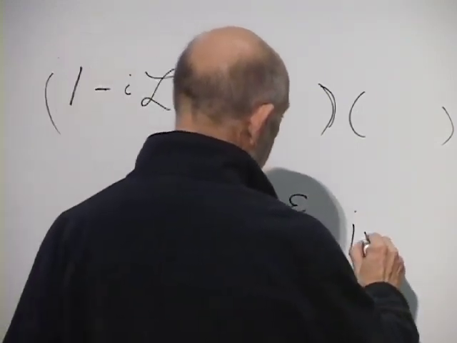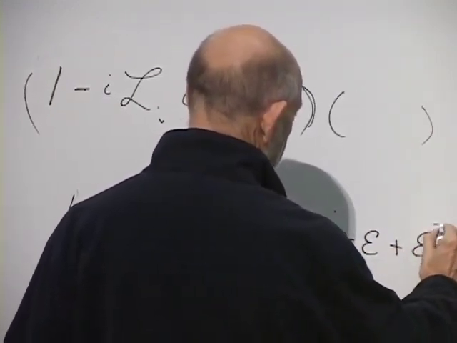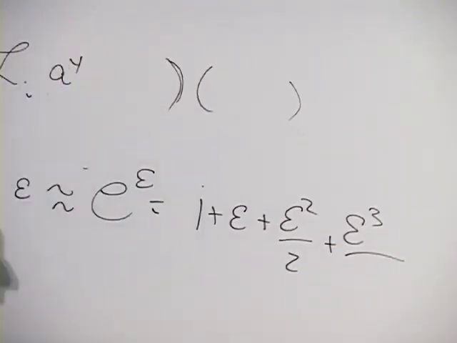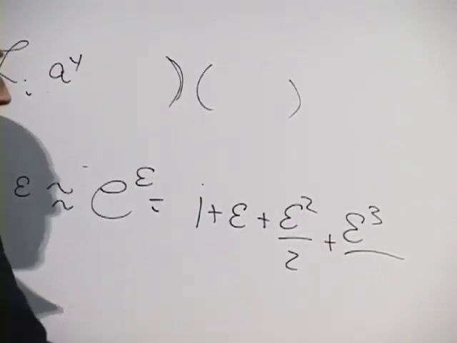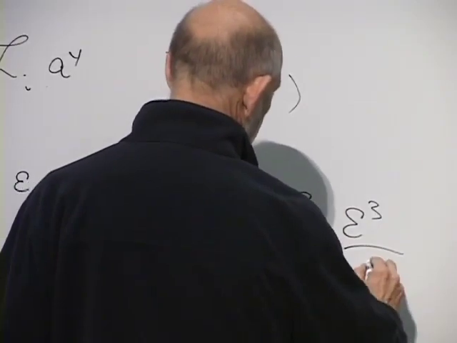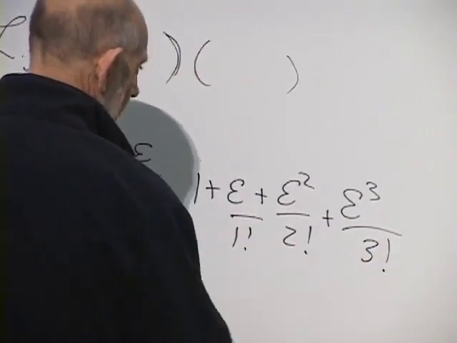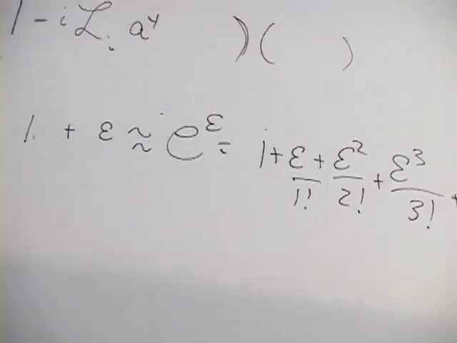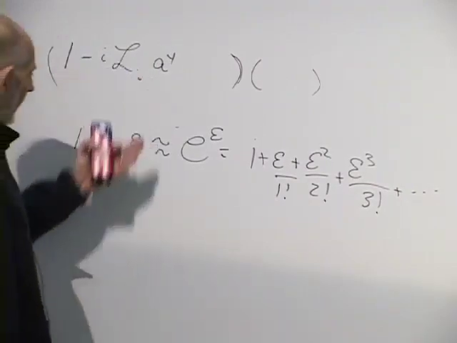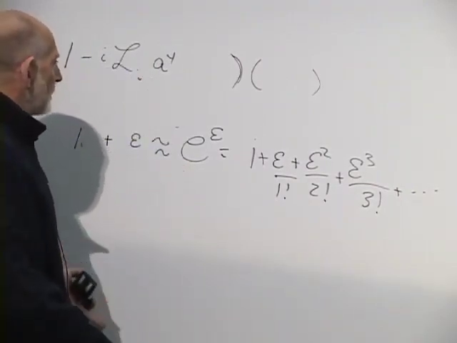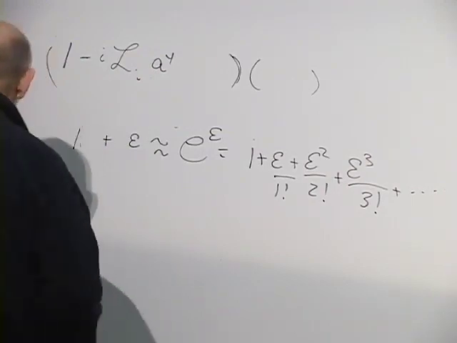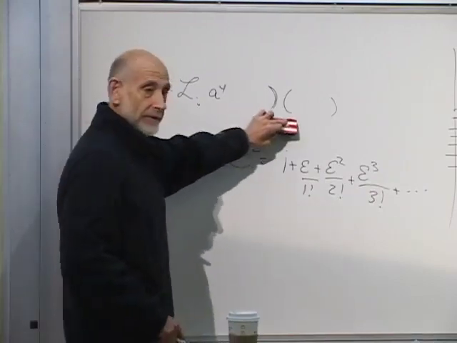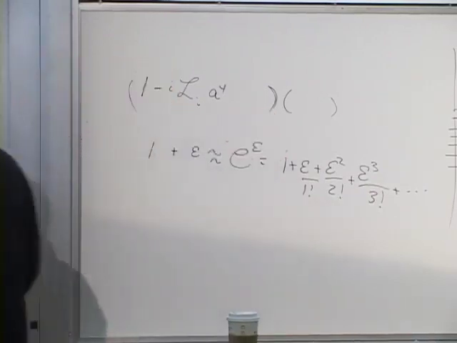It's 1 plus epsilon plus epsilon squared over 2 plus epsilon cubed over, what comes next? 3 factorial, which is 6. 3 times 2 times 1. And so forth and so on. So 1 plus epsilon is approximately, for small things, equal to e to the epsilon. But in fact, it's more efficient and correct to really write something different than what I wrote over here, namely this thing.